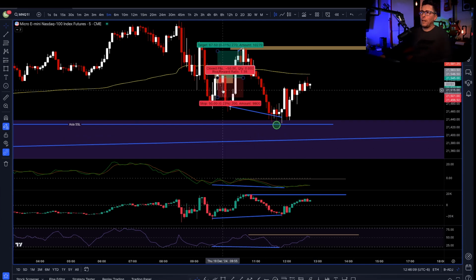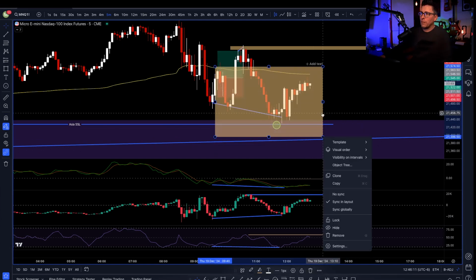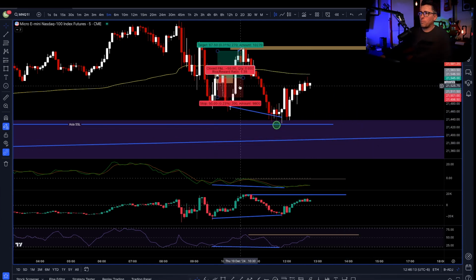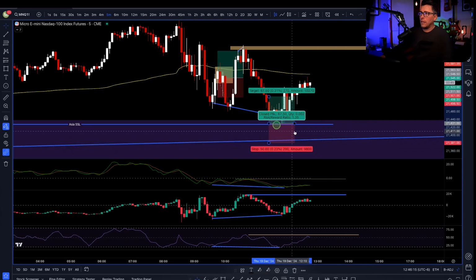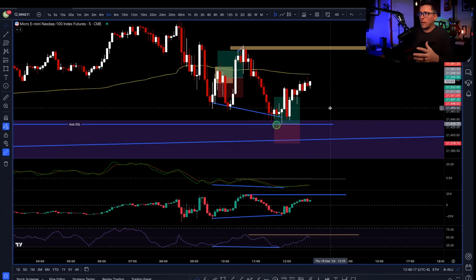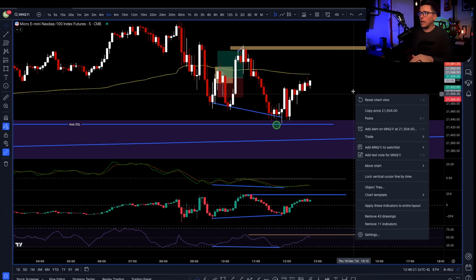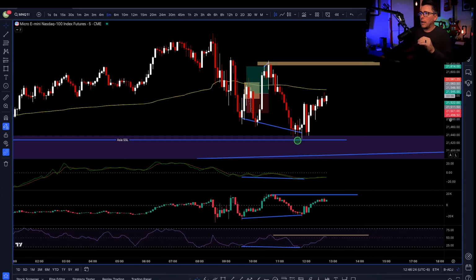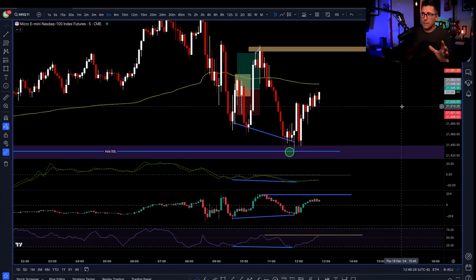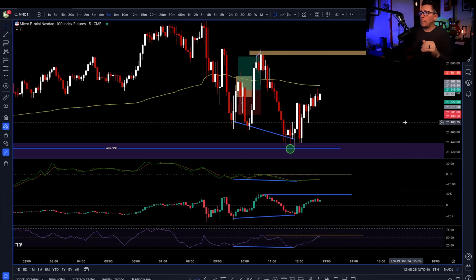Then I will go ahead and add to my position, as long as I'm not in a dangerous place. I'm open to adding positions. I think it can be extremely powerful, and I do it all the time, guys. I'm not saying I win every single trade, but you've got to know when to hold them and know when to fold them.